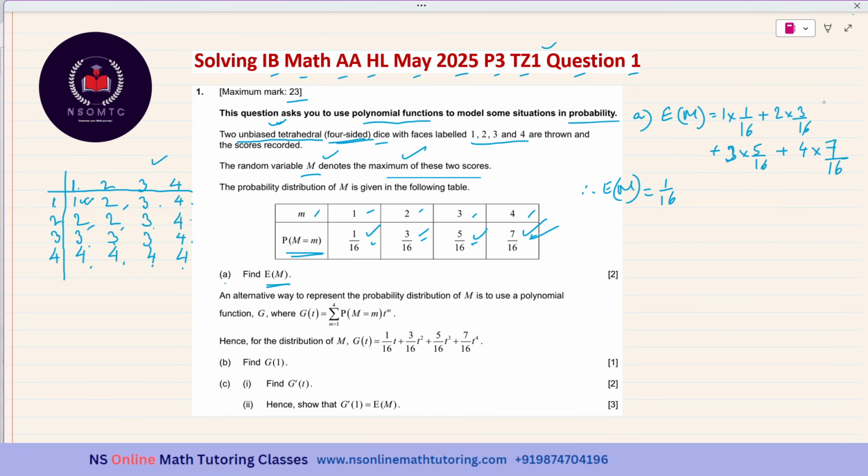Let me keep it this way, so that I get the common denominator as 16. This is a paper 3 question, so you can use your calculator.